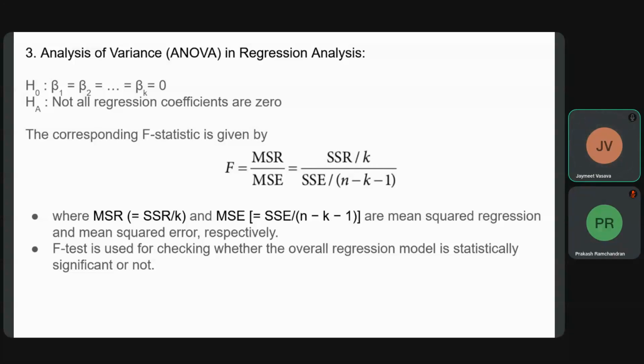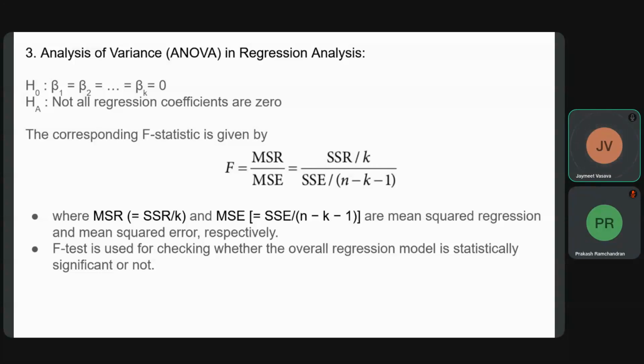The null hypothesis states that beta 1 till beta k all have equal values, equal to 0. Whereas for our alternate hypothesis, not all regression coefficients are 0, which basically means that some of the coefficients till k can have similar values, but not all of them.